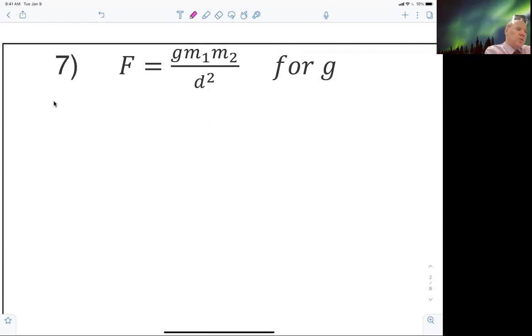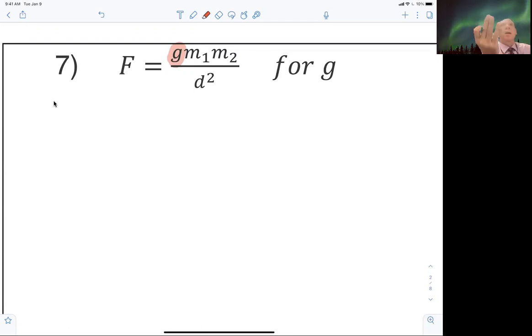So if I'm trying to solve for G, I need to get rid of everything else. Now, what's the easiest explanation for this? Tell me how you do it. Yeah, you just do D squared times F, and then you divide it by M1 and M2. Yes, 100% correct.